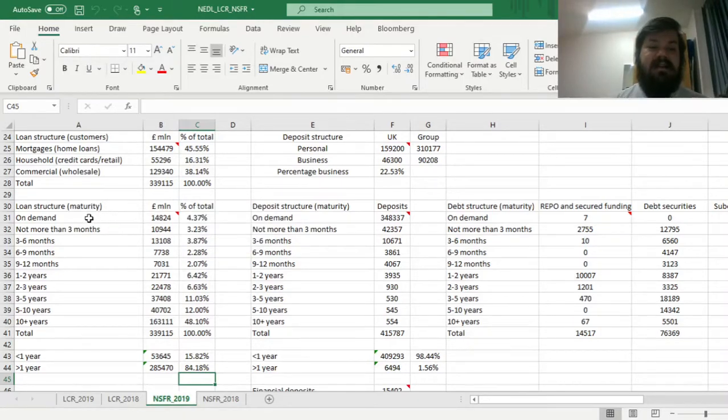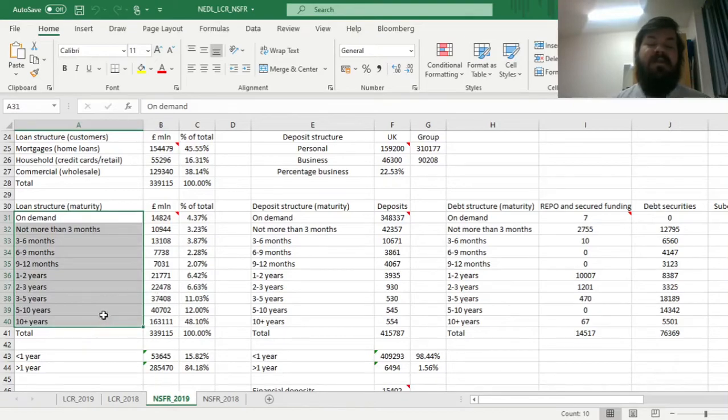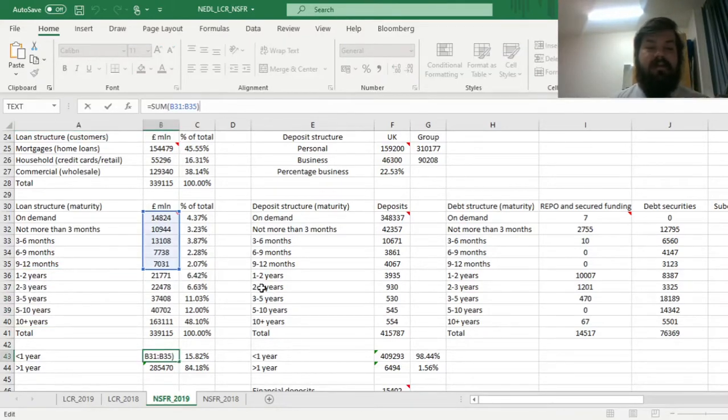And we can see that Barclays reports it in quite standard maturity brackets, and what we are interested in here are just maturity brackets up to 1 year and 1 year and over. And here we can calculate the total amount of loans and advances up to 1 year in maturity and greater than 1 year in maturity.